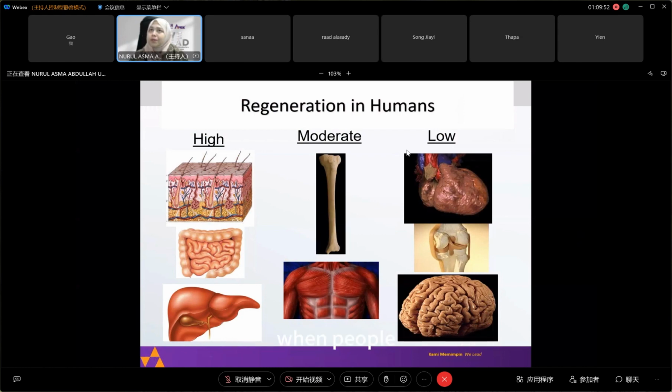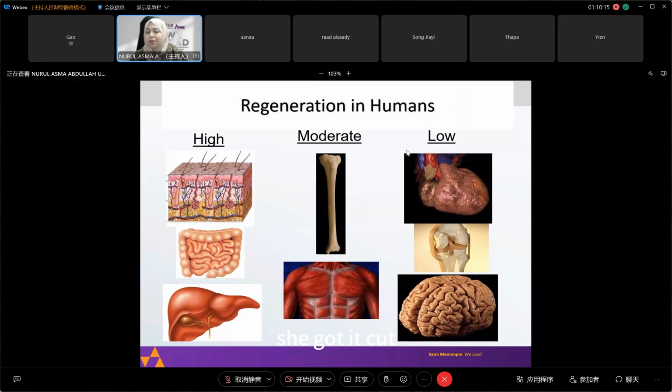So you know that when people suffer from colon cancer, for example, the cancer site can be cut, and the colon can be repaired and healed very fast. My auntie experienced colon cancer 10 years ago.